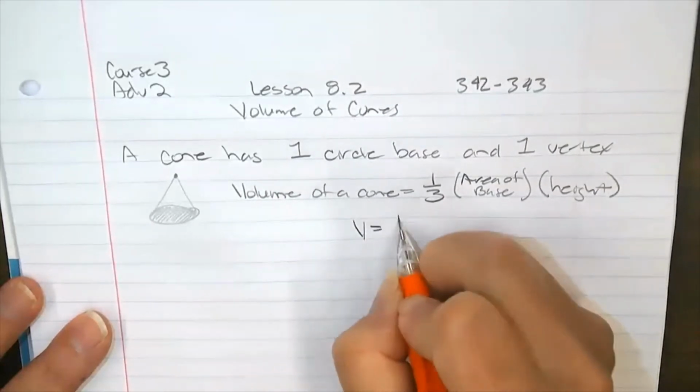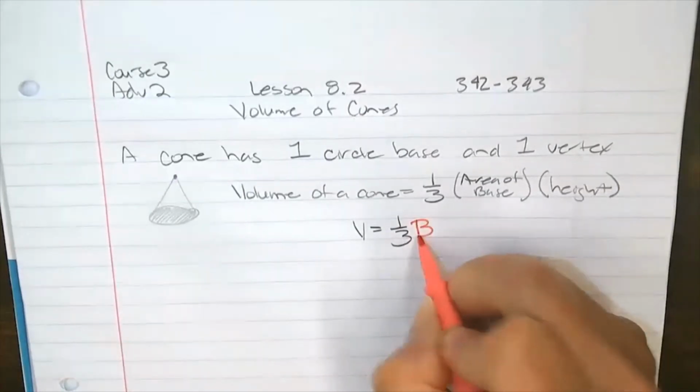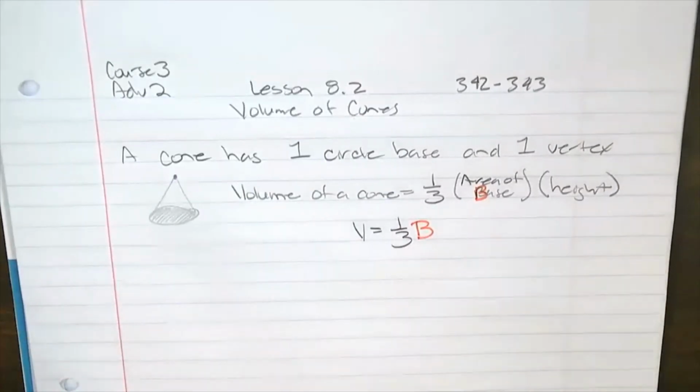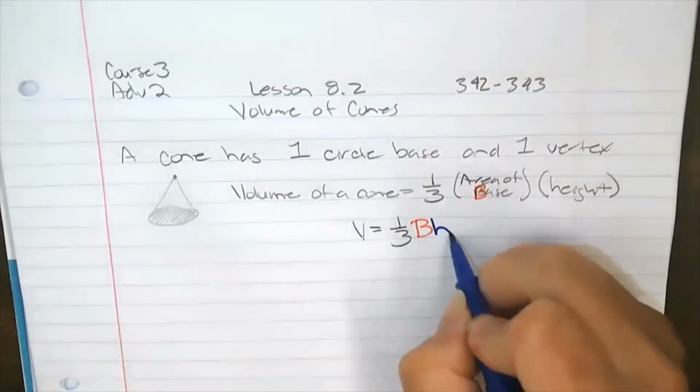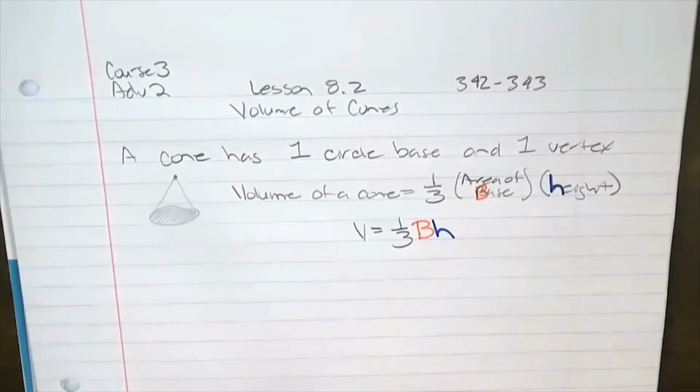So the volume is equal to 1/3 the base times the height. Now, what are the things that we need to know?